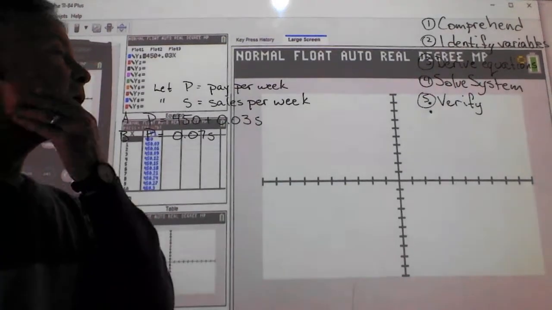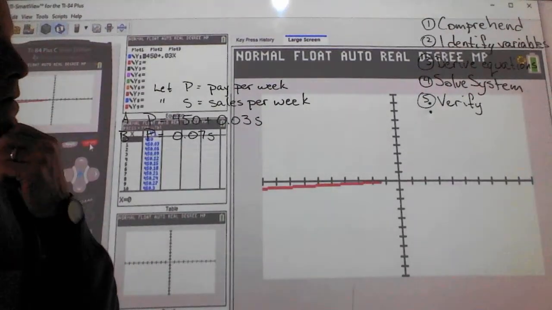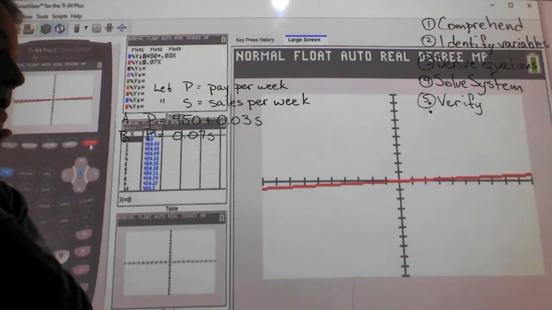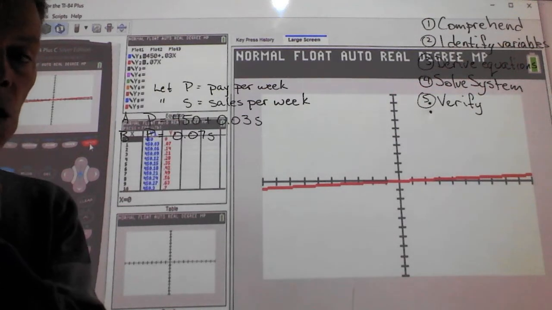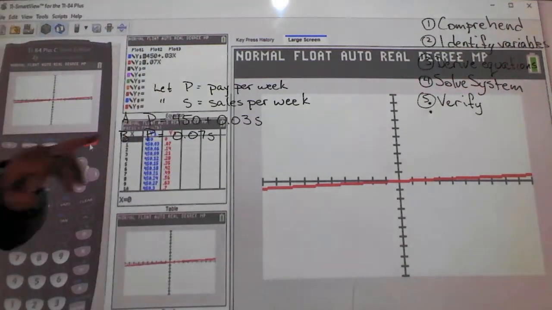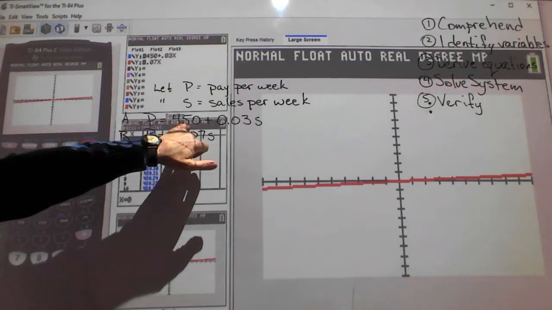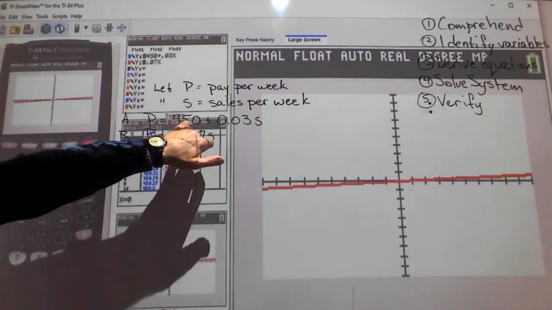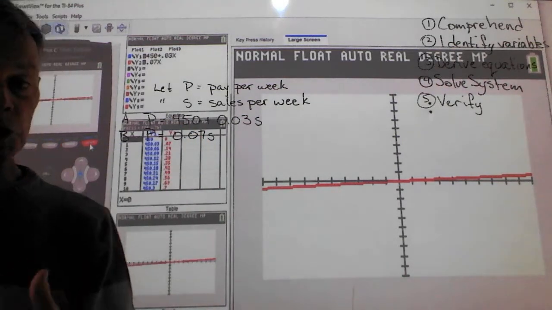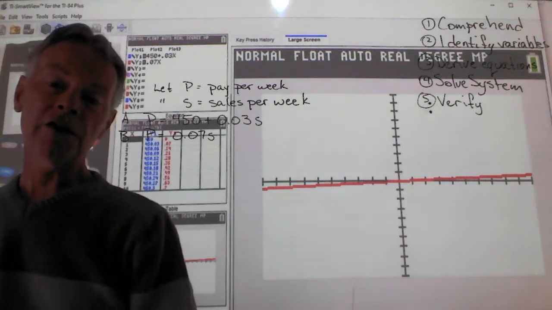In order to see the graph, we press graph. And we wait. And we wait some more. Oh, there's one. And we won't wait any longer because you won't see the other one. Let's take a look at this equation. Our first equation, 450 plus 0.03s. That 450, remember, from chapter 7, that's the y-intercept.